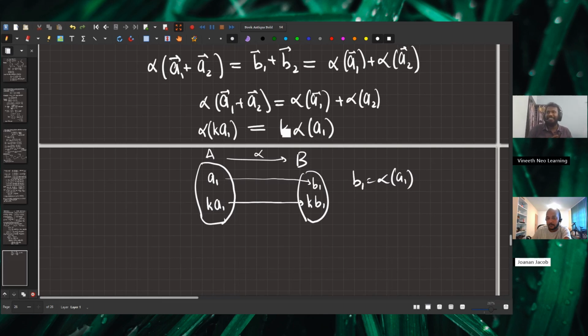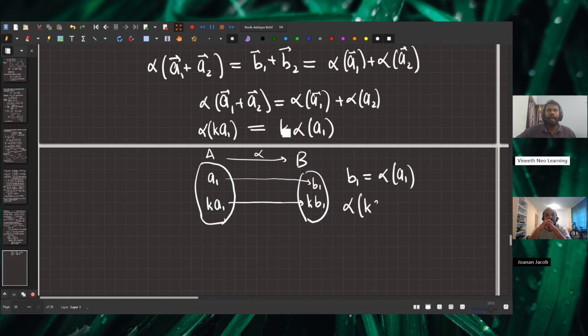What is B1? B1 is a vector in B, and B1 is alpha of A1. And what is alpha of KA1? It is K times B1.